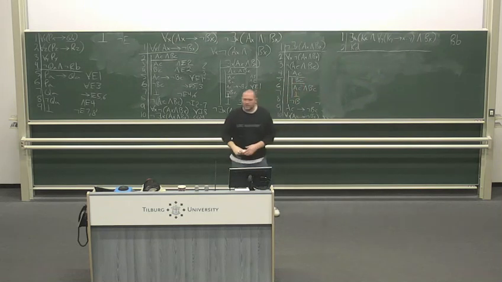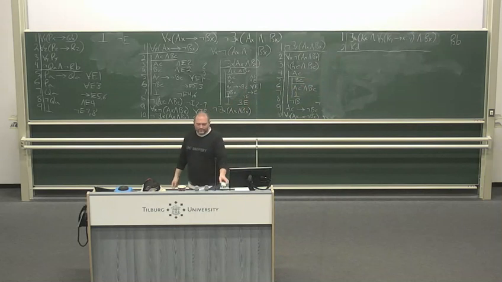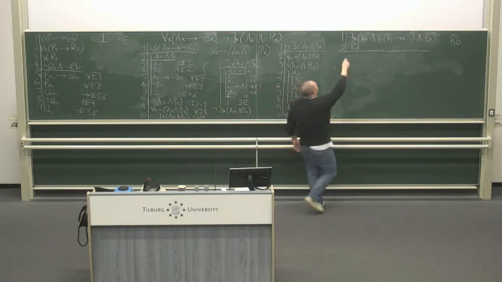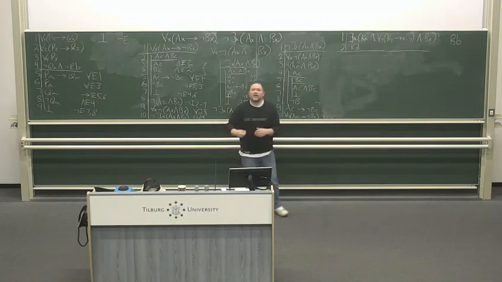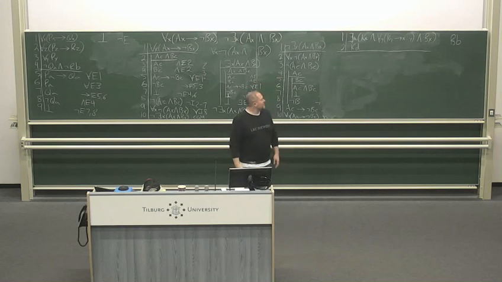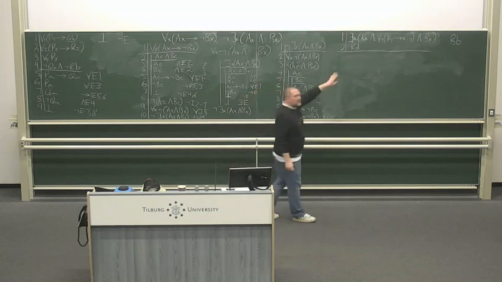So, here we have 2 assumptions. We have this existentially quantified sentence, and we have KD. And the result we want is BD.